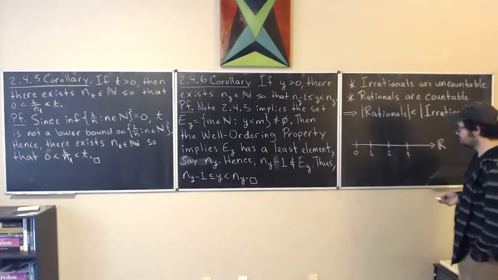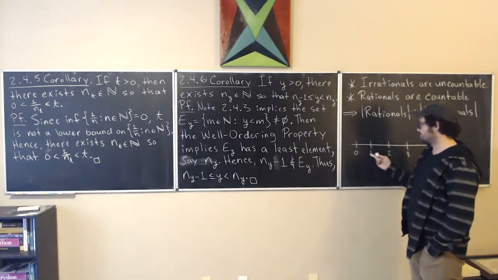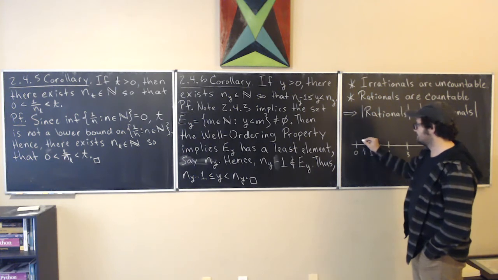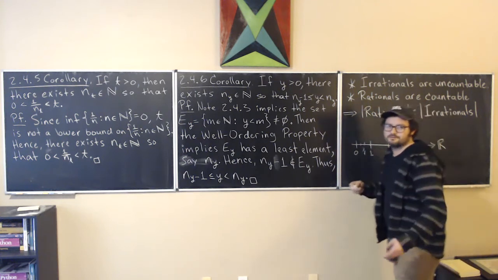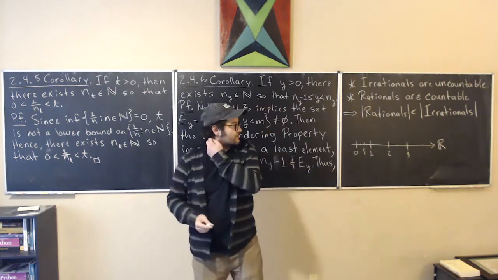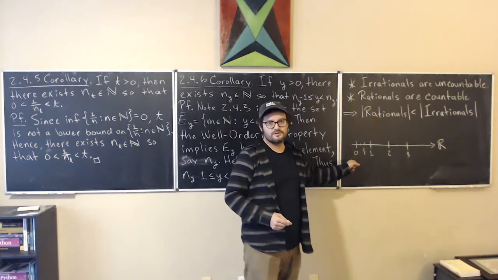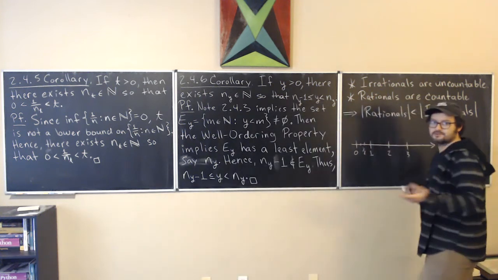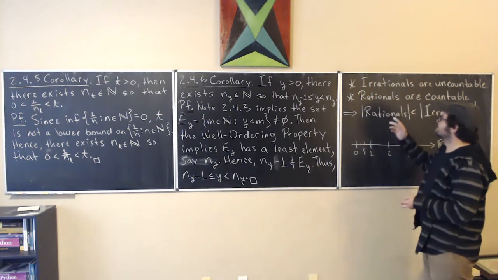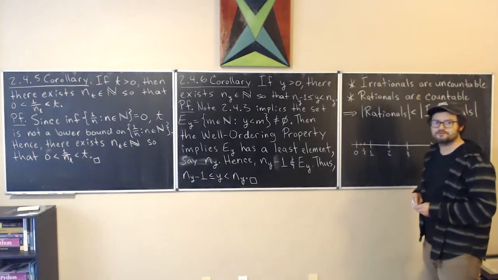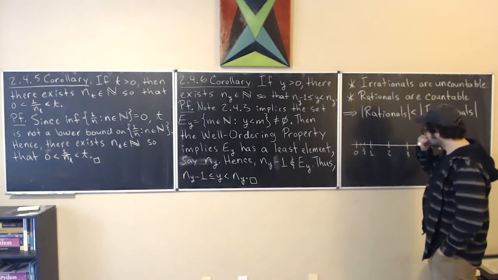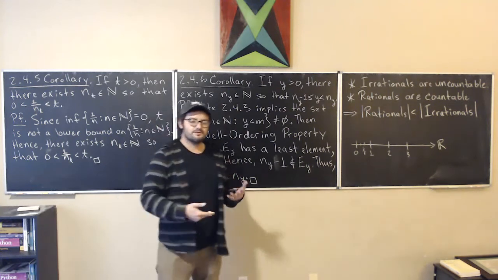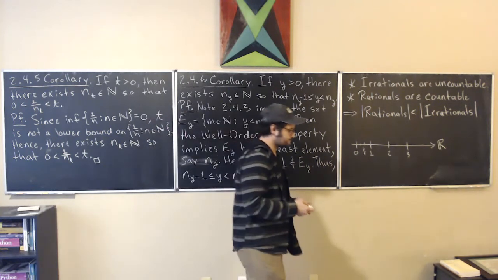If you look in between any whole numbers, there's a half, a fourth, an eighth, and so forth. You can find an infinite number of rational numbers in between any of these whole numbers. So there's a lot of rational numbers, but there's still more irrationals than rationals. So it seems strange. This is a strange property of the real number line.